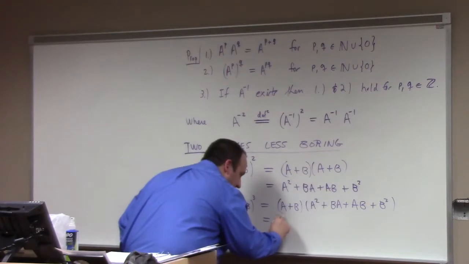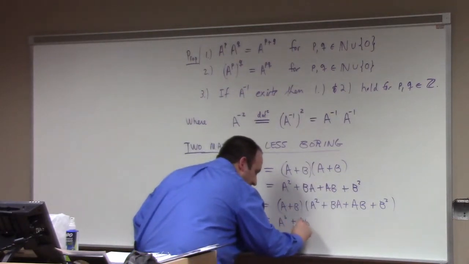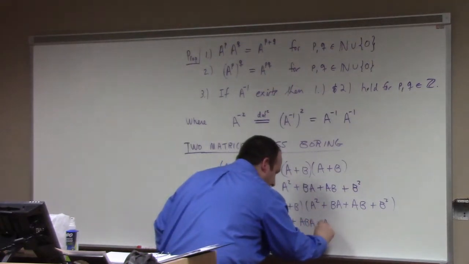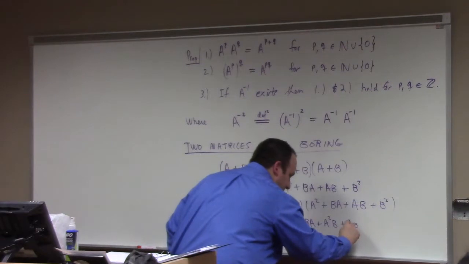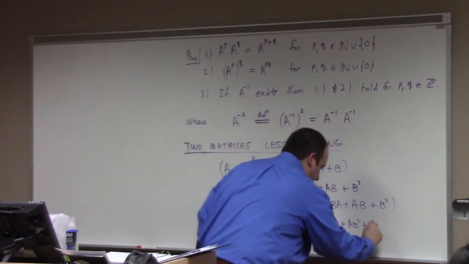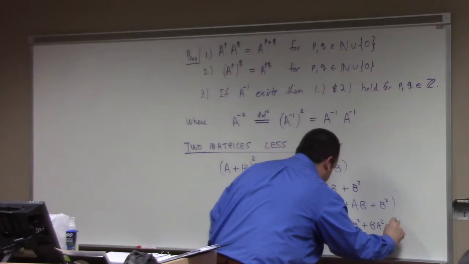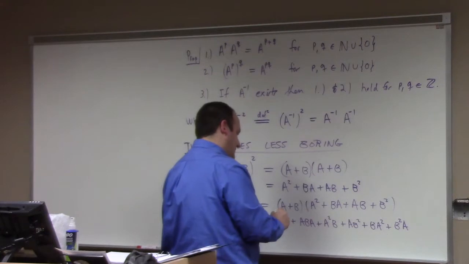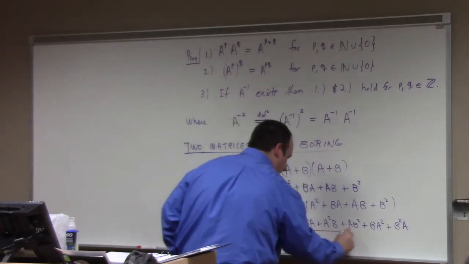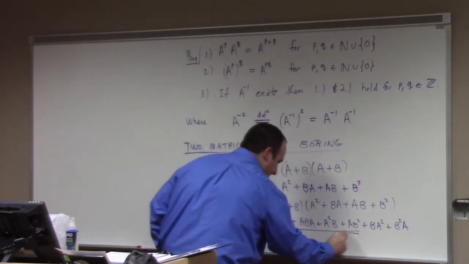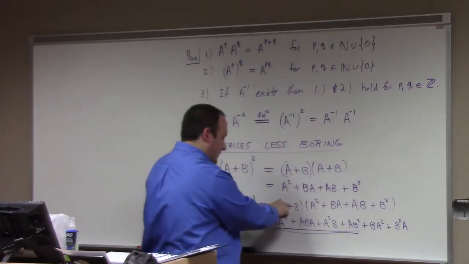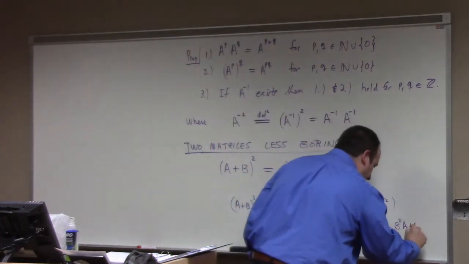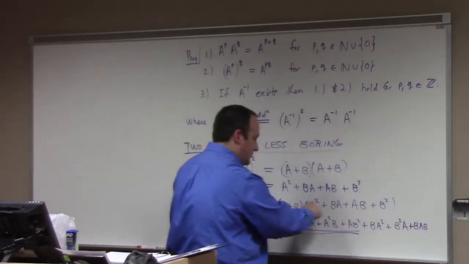And so that gives you an A cubed plus ABA, plus A squared B, plus AB squared, plus BA squared, plus B squared A. I lost track of where I was, sorry. These first 4 are from this guy. I'm just doing B times A squared, B times BA, which is B squared A, and then we got our BAB, and then plus B cubed. All right.